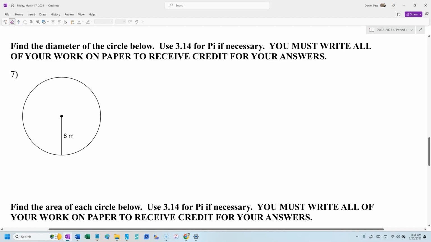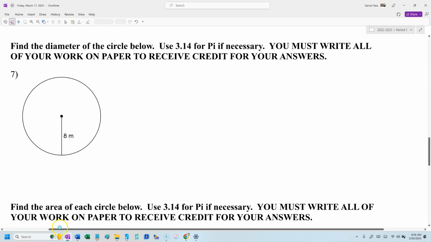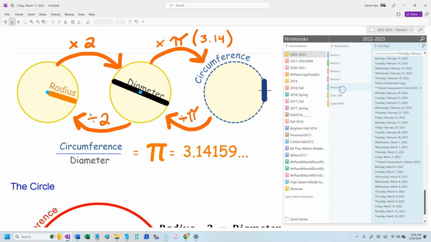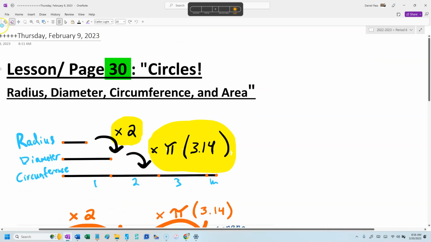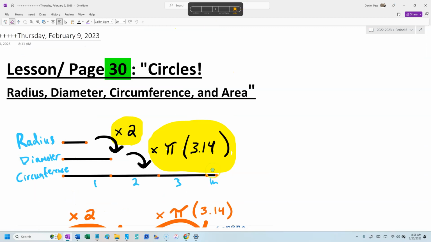All right, find the diameter. Now, diameter is, actually, I can show this to you. Diameter. Hey, I got it. See, radius is half, diameter is the whole thing. So it's times 2, right? And you can think of it like this. Radius 1, diameter times 2.